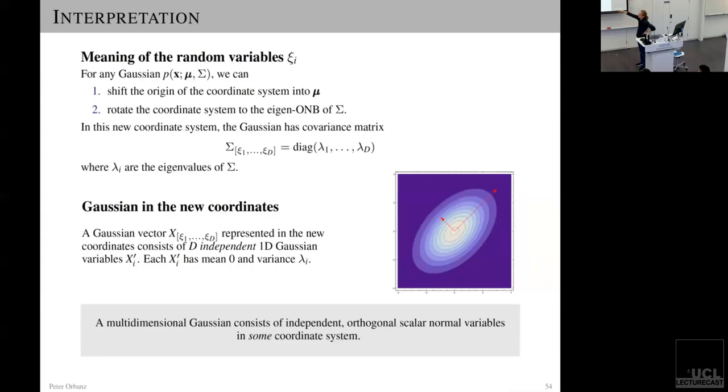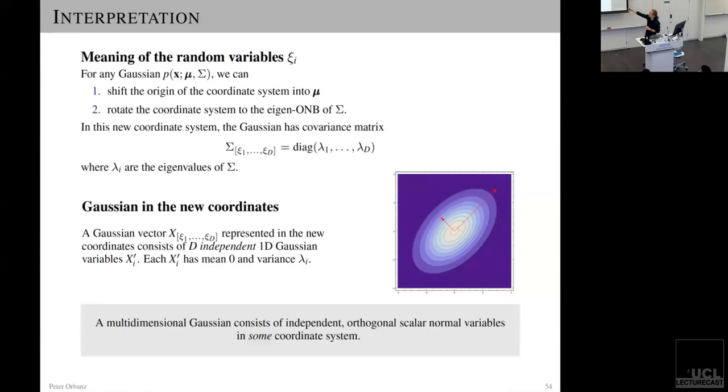If we rewrite our random vector in this eigenbasis, then that is a Gaussian vector, but the covariance matrix of this Gaussian vector in the new basis is now this diagonal matrix here. So we have changed the parameters of our Gaussian by rotating our coordinate system to align with its structure.